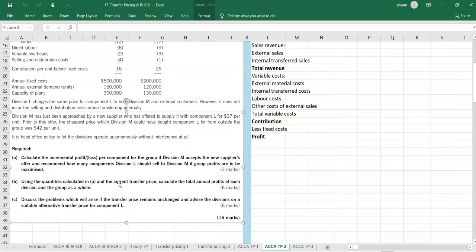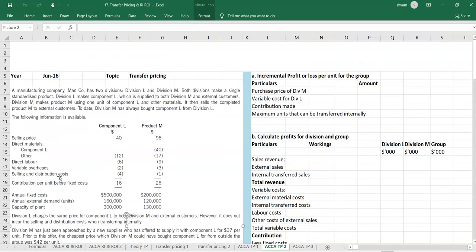So let's start the first question. What would be the incremental profit or loss per component if the group starts to buy from the outside supplier? First, what is the price that is available from the outside? It is available at 37. What is the cost of producing this product inside the company?